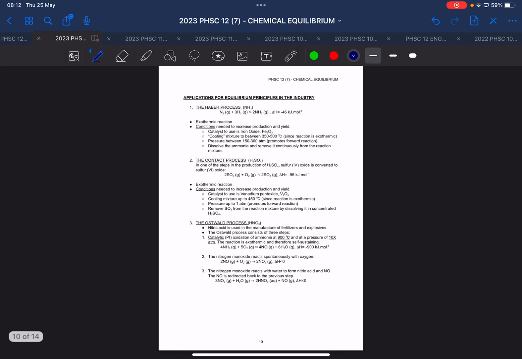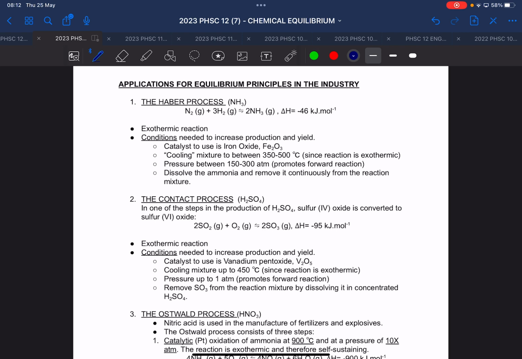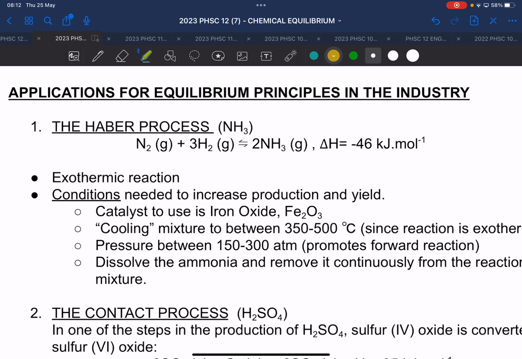So the next page is a chapter that is taken out of your syllabus. But it is something that they do still ask in your question papers, but you don't need to know a lot of facts. What you do need to be aware of is the name, the Haber process. We spoke about that. And there you see the reaction.